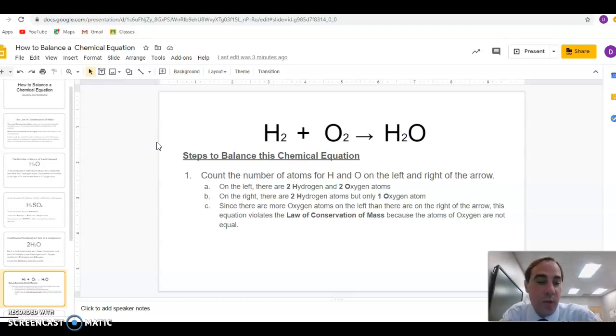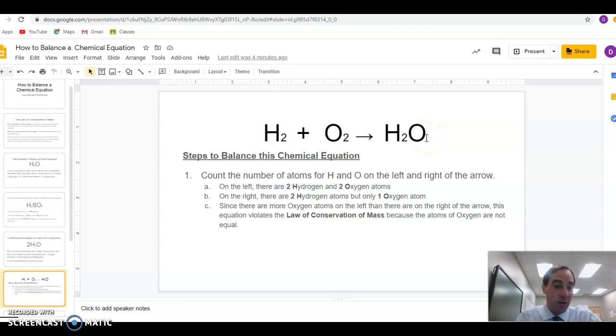So this is how we do that. We're going to say, okay, we got 2 hydrogens going in, and then if we look over here, we've got 2 hydrogens coming out. So the hydrogens equal. 2 go in, 2 come out, they balance. However, you'll see that we've got 2 oxygens going in, but only 1 coming out.